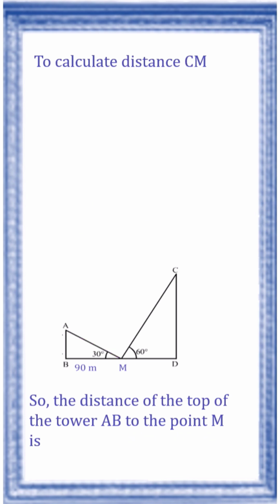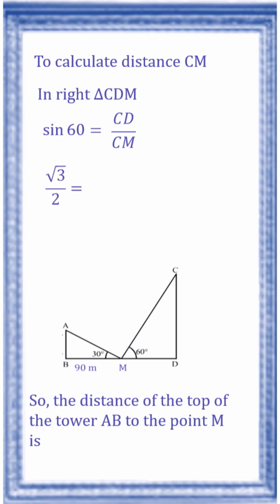Now let us calculate the distance CM. In right triangle CDM, sin 60, observe the figure, CD by CM. Here we have already calculated CD, isn't it? Actually AB is 30 root 3, isn't it? If we put 102, it will be difficult.